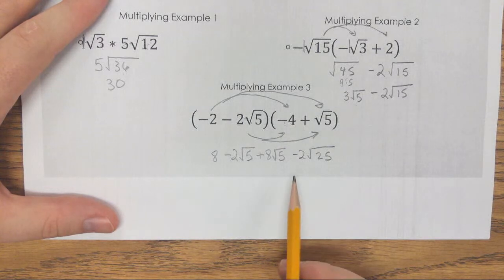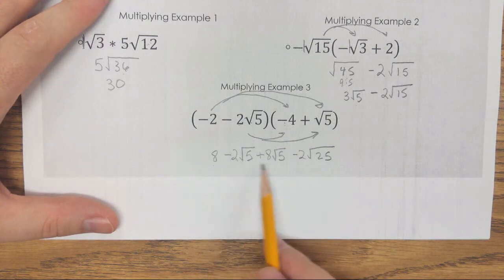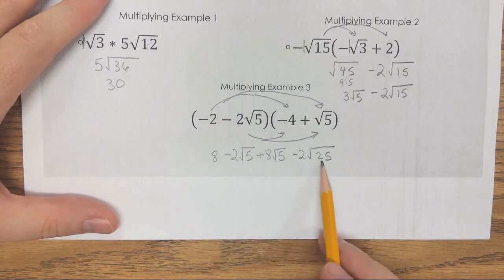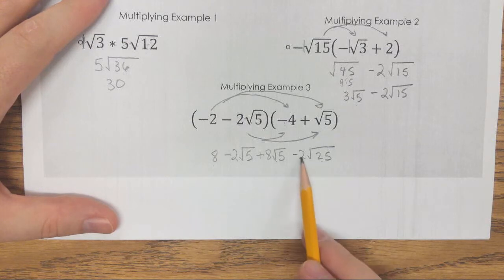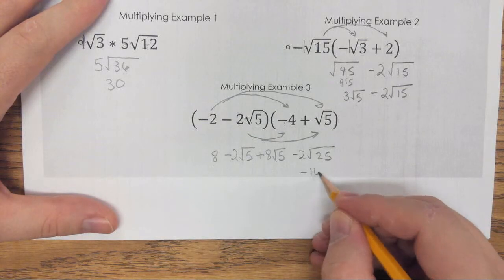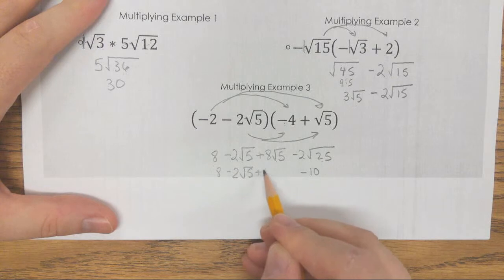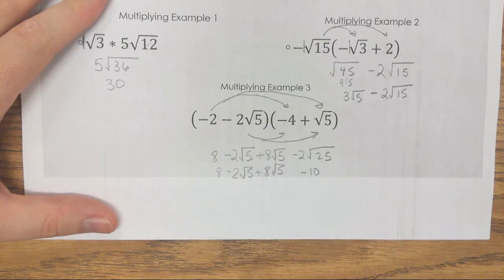Alright, let's do some simplification. This doesn't simplify, that doesn't simplify, that doesn't simplify. 25, however, is a perfect square. It's going to simplify into 5, so we've got negative 2 times 5. That's going to be negative 10. Got 8 minus 2 radical 5 plus 8 radical 5 minus 10.